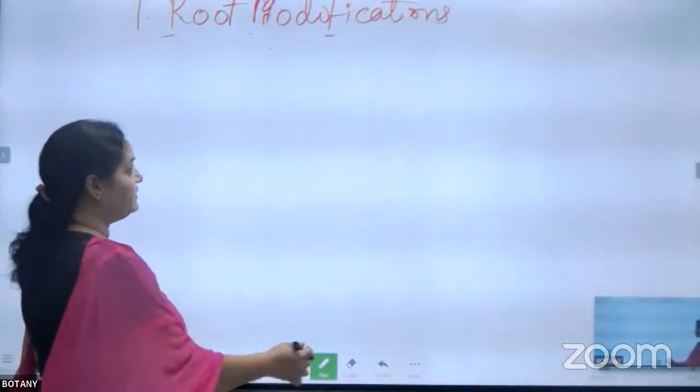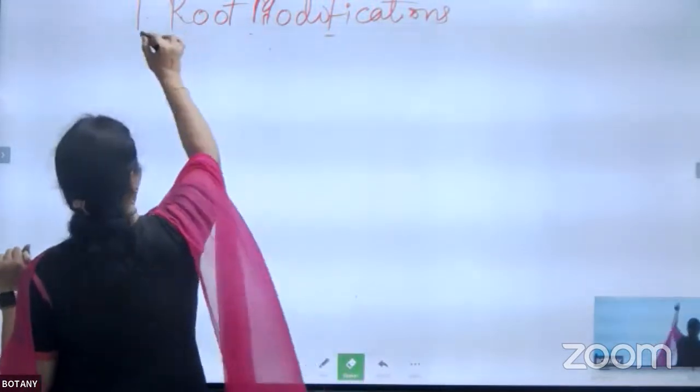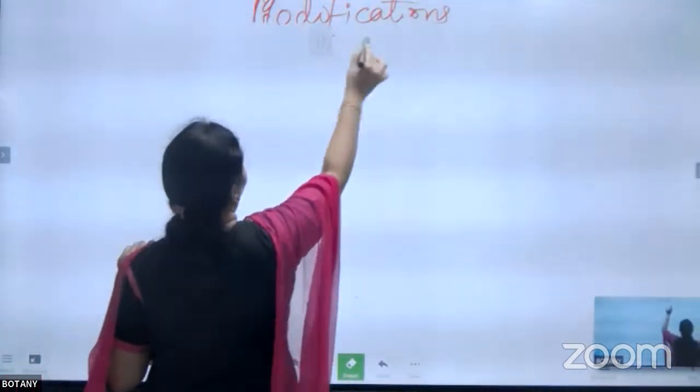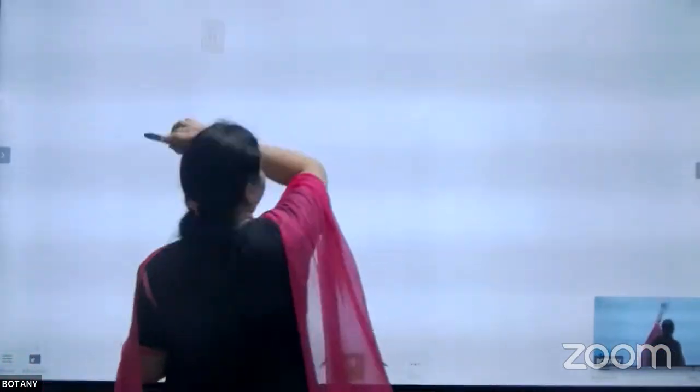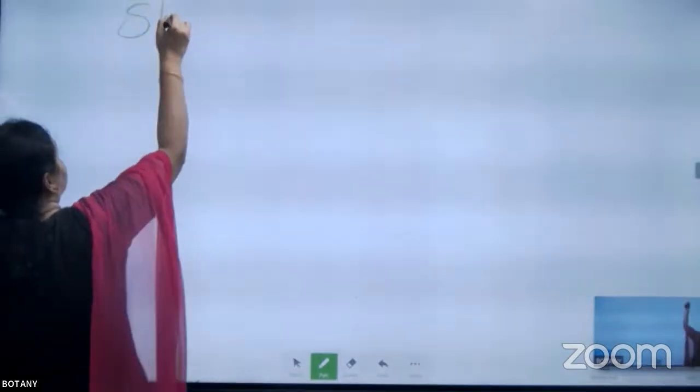Okay. And now we will go with the second type, second LQ that is there in the syllabus for us from this chapter. That is stem modifications.